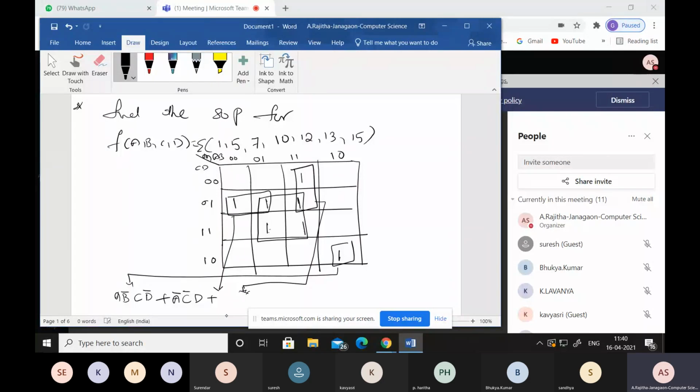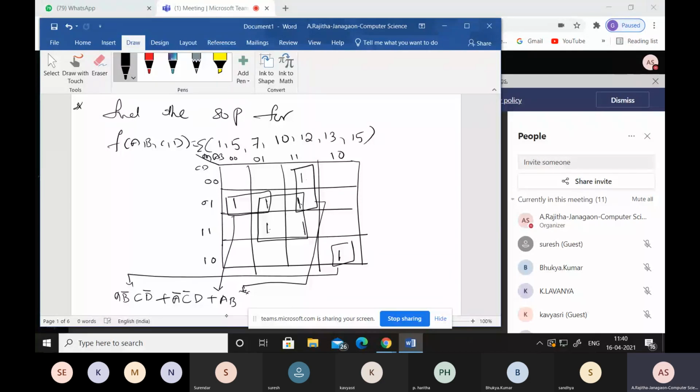For this term, now observe, this is a vertical pair. So whenever a vertical pair is there, the column side variables are common. Because these two are common here as well as here. This A, B is used here and AB is used here. So we should take AB.